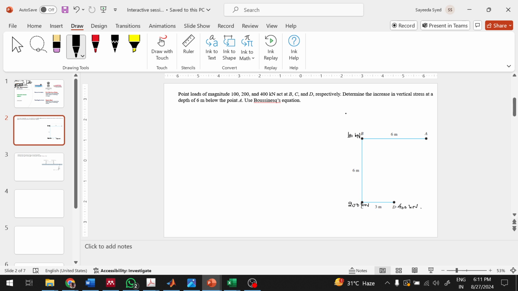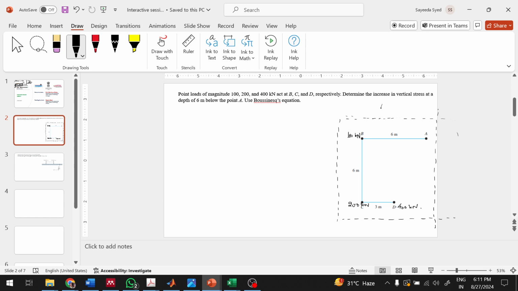So this is the plan basically. This is the top view of a field, let me say.